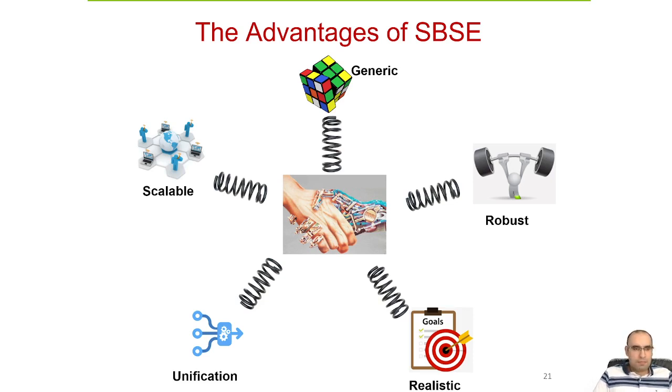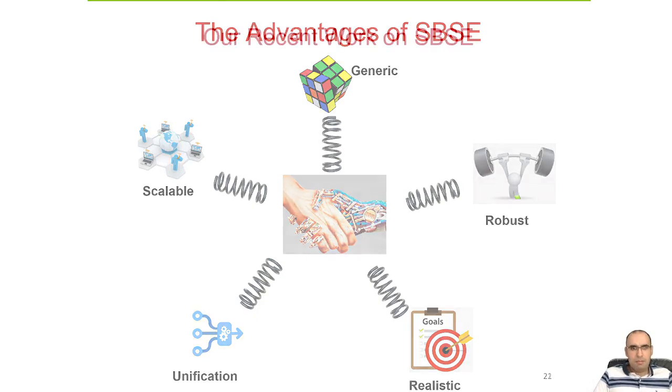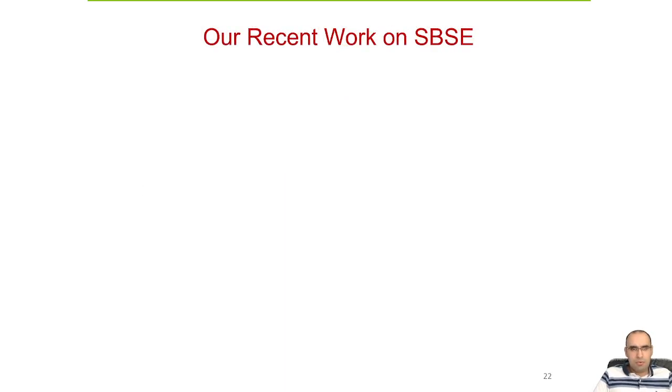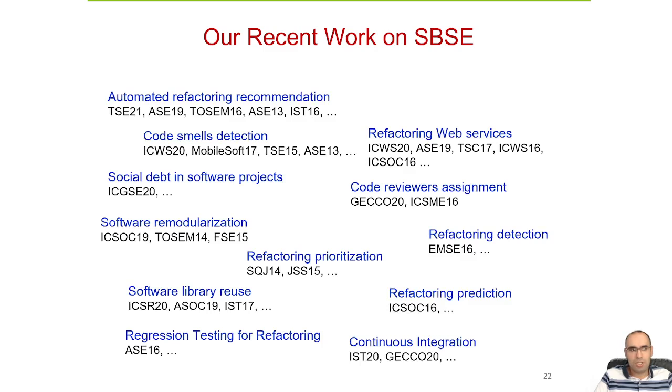Using SBSE in the last few years, we have explored several applications to solve different problems in software engineering, starting from automated refactoring recommendation to code smells detection, refactoring of web services, code review recommendation, down to continuous integration and software library use.